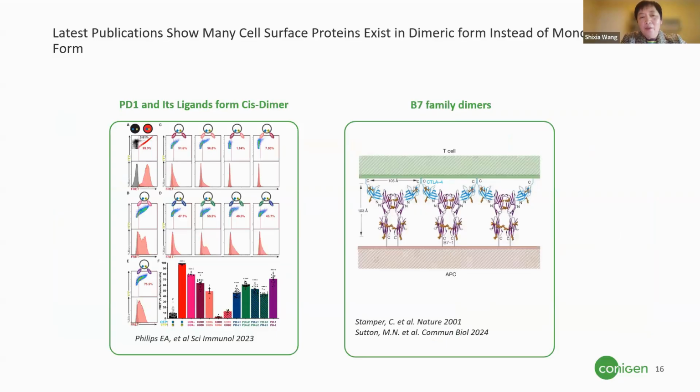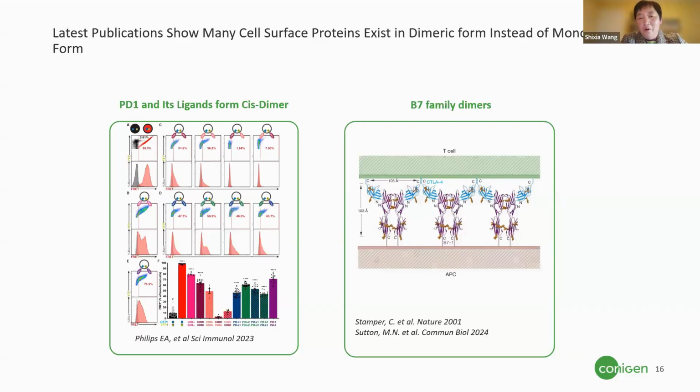Here is an example: PD-1 and its receptor PD-L1 or PD-L2. In the past, we all knew them as monomer proteins. However, recent studies demonstrate that they also form cis dimers on the cell surface. Another example is the B7 protein family.